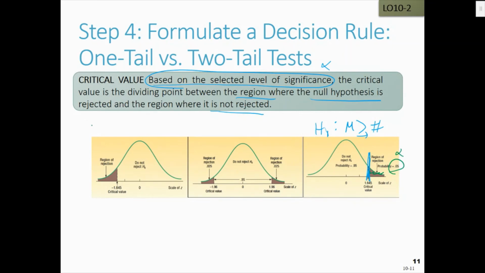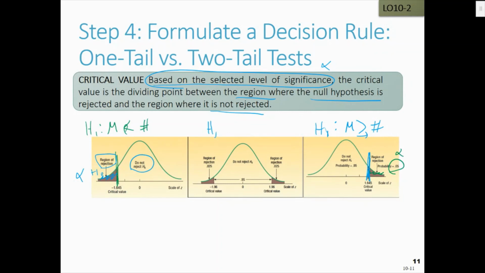If you're testing your alternate hypothesis for a mean that is less than a particular number, as soon as you see less than, you are on your lower tail. And this lower tail is going to be as big as your alpha, whatever alpha is. And then you're going to have your do not reject zone and your reject H0 zone.